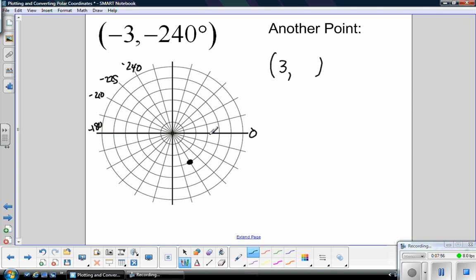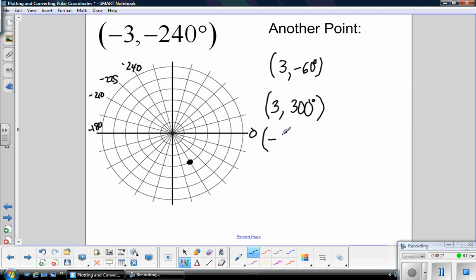And if I rotate down, negative, what would that be? That would be negative 60 degrees. If you have a positive 3, but now I rotate from 0 in a positive angle, that terminal side is at 300 degrees.